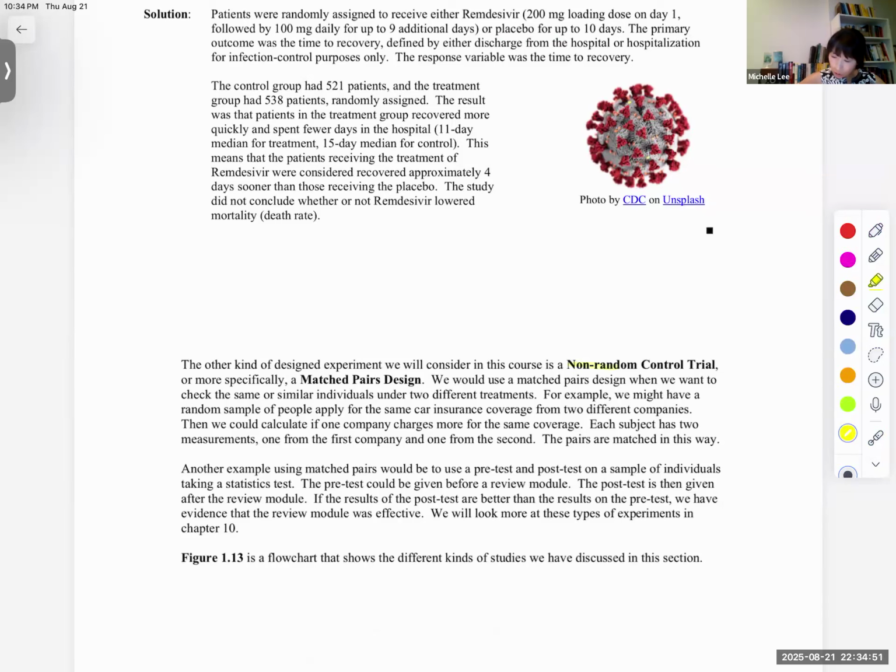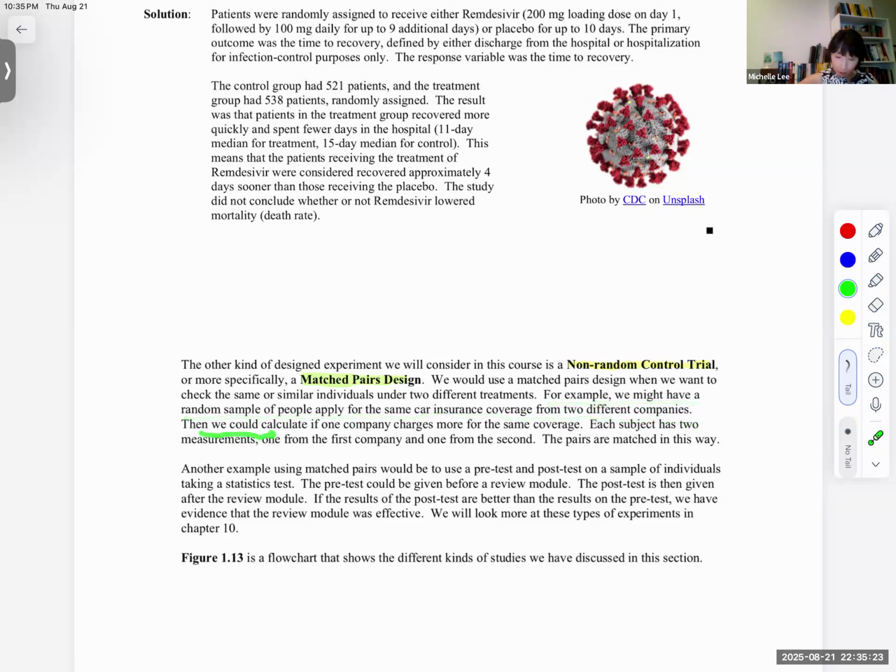So we have the non-random control trial, or more specifically, matched pair design. We are using this one for experimental design. Let me just read one example here. We might have a random sample of people apply for the same car insurance coverage from two different companies.